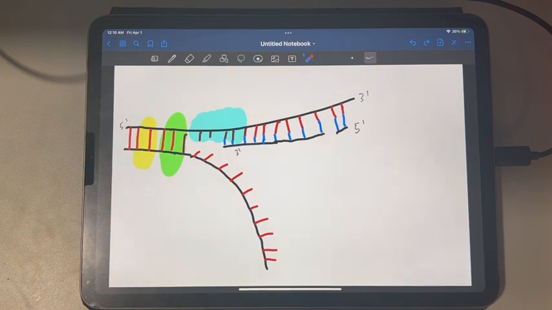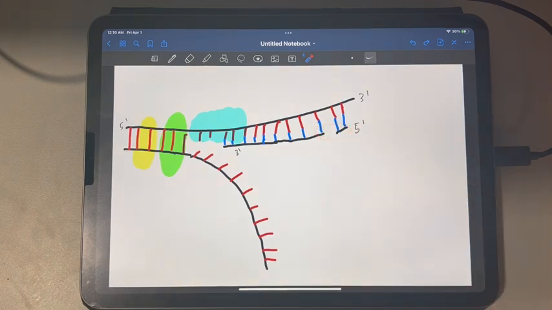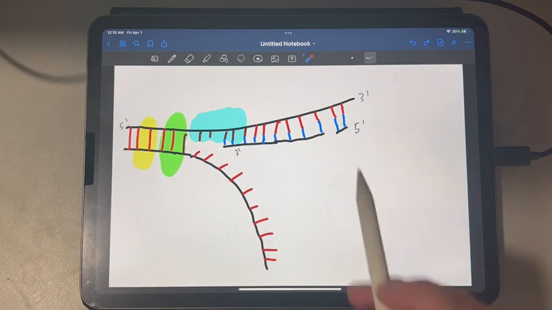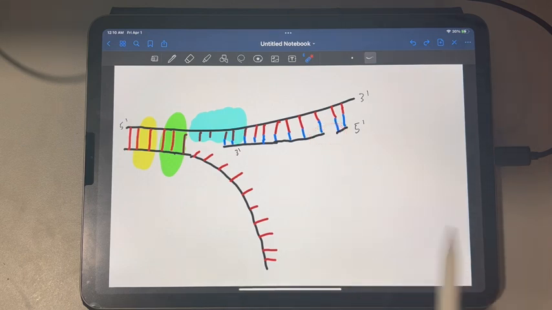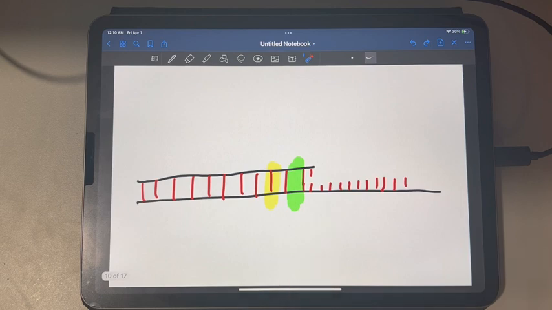So that's where an enzyme called ligase comes in, and it will catalyze the binding of the 3' carbon and the phosphate group in DNA. So now I'm going to move on to the lagging strand.